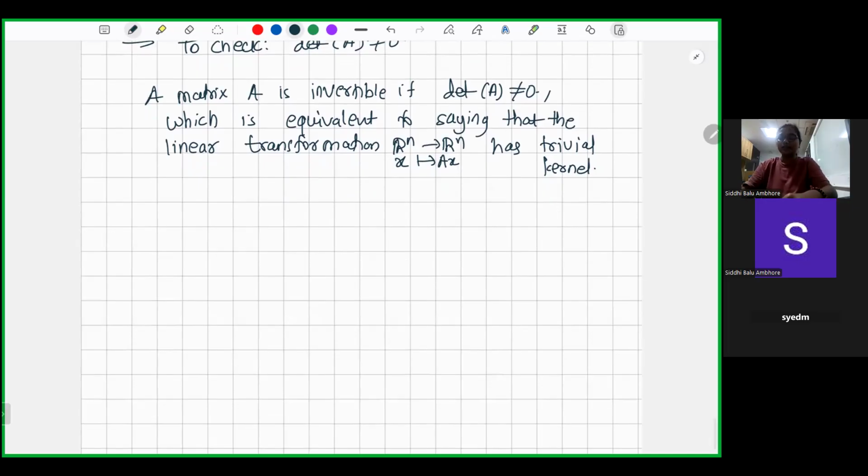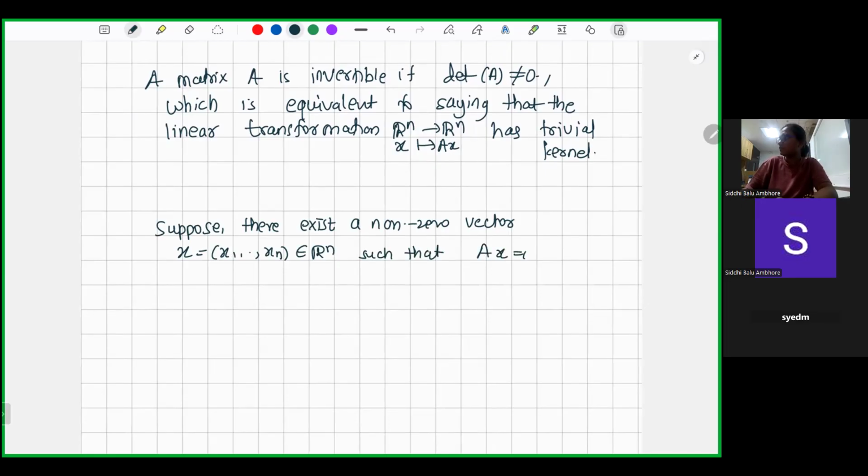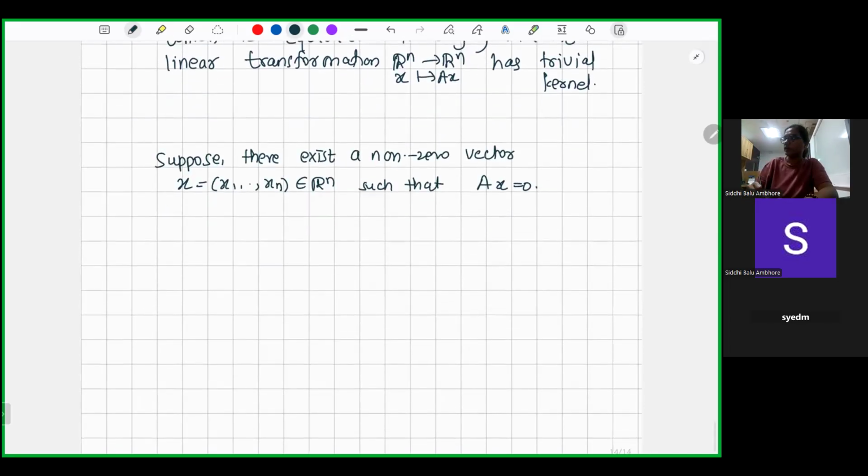I hope my handwriting is still readable. I'll try to write better. So suppose there exists a non-zero vector x, from x1 to xn in Rn, such that Ax is equal to 0.